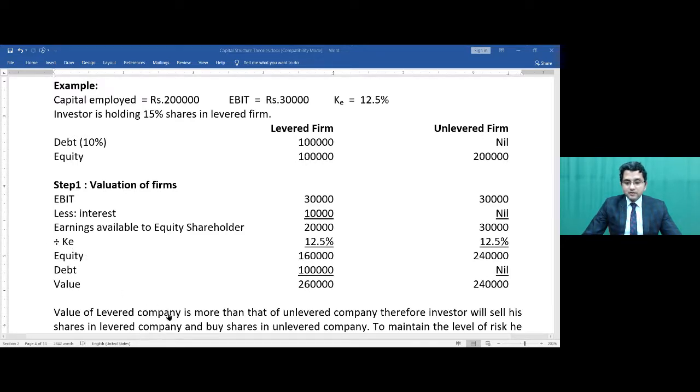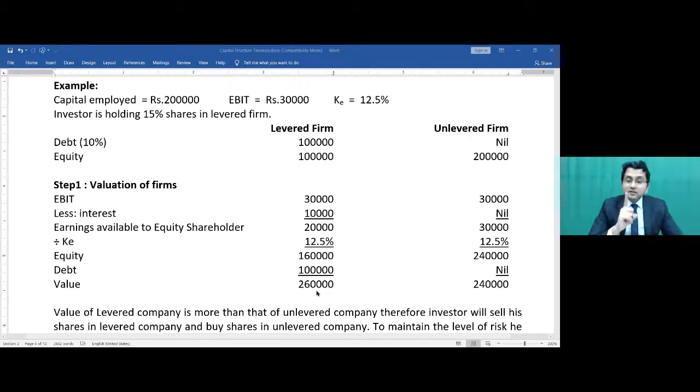Just a second, please. This is disequilibrium. Now, Mr. Modigliani and Mr. Miller said that you are saying that there is a disequilibrium. Levered firm is higher in value, 2,60,000. Unlevered firm is lower in value, 2,40,000.